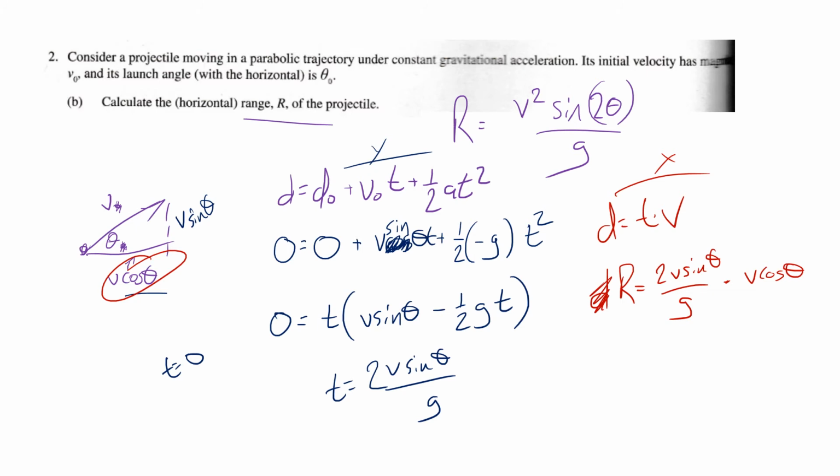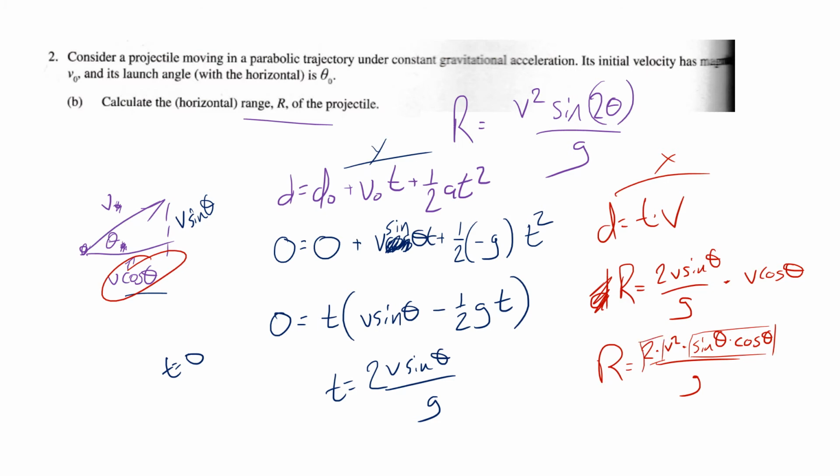All right, multiplying all these guys together, r is going to equal 2 times v squared times sine theta times cosine theta over g.